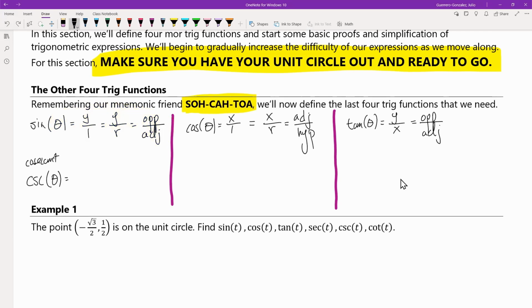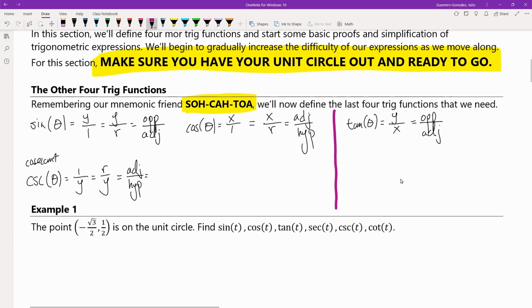So this is going to be equal to 1 over y. This is also equal to r over y for a random sized radius circle, and it's also equal to hypotenuse over opposite. Now, there is one more that I need to show you all.